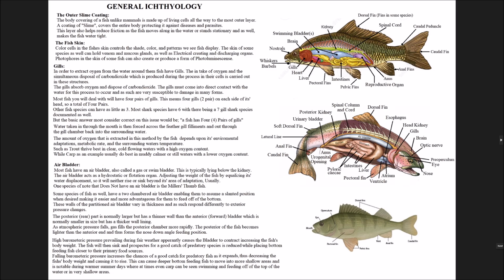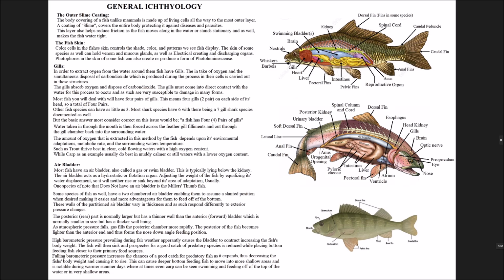Fish such as trout thrive best in clear, cold-flowing waters with high oxygen content, while carp, as an example, usually do best in muddy, calmer, or still waters with a lower oxygen content. It doesn't mean that the carp couldn't live in clear water with higher oxygen, but at that point you've got to look at the water temperature.